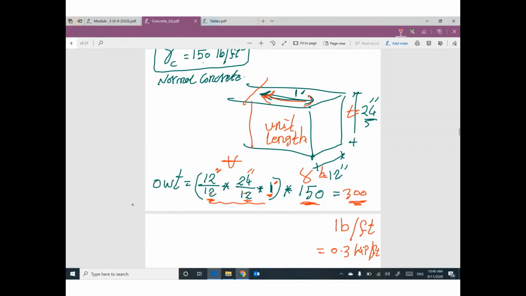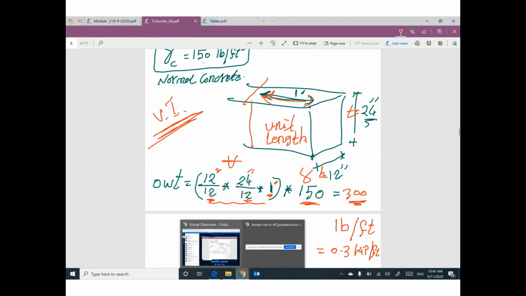Very important. How can I figure out the own weight of the beam?